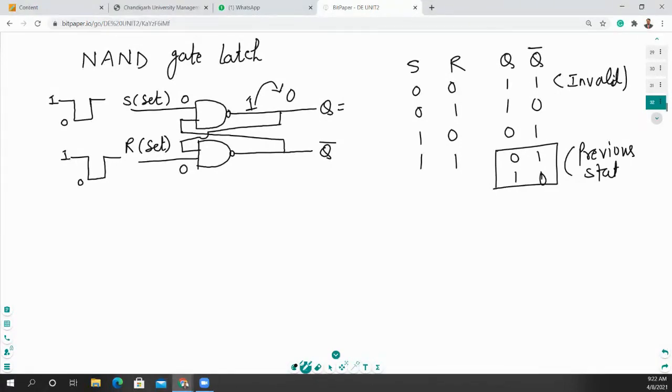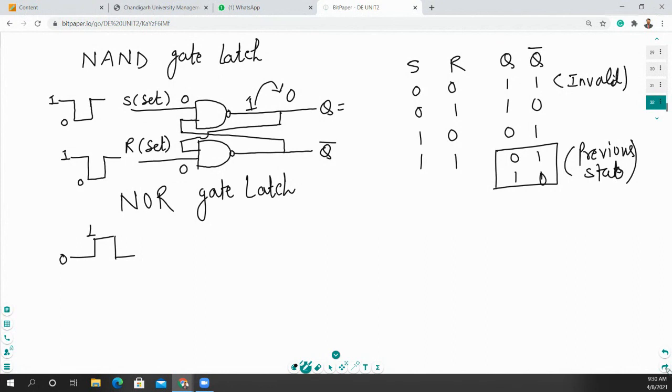Previous state. Okay, so what is the NOR gate latch right here? What is the NOR gate latch? You have to provide the input signal like this, in the NOR gate.